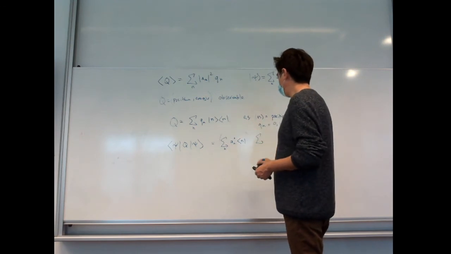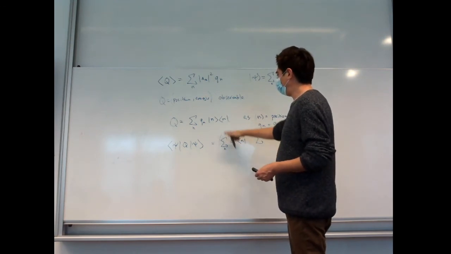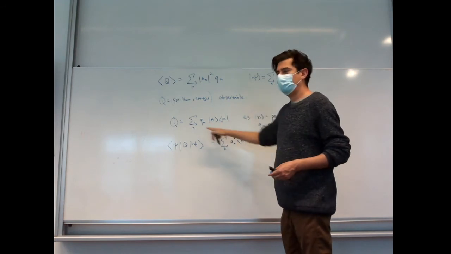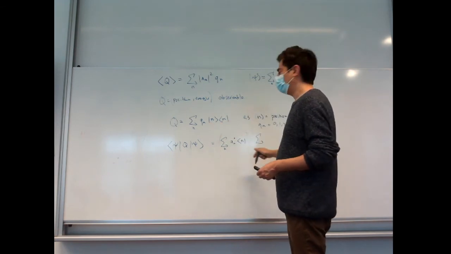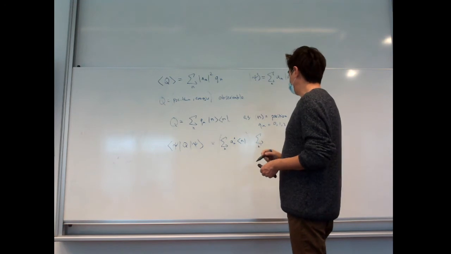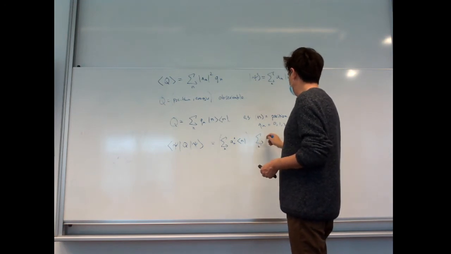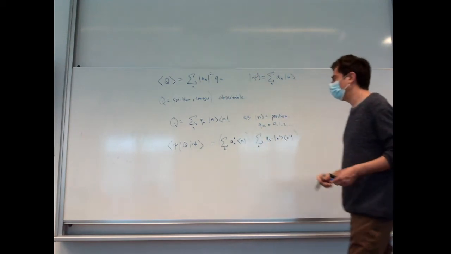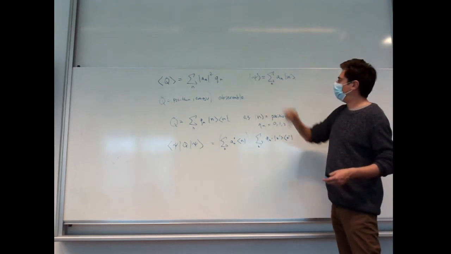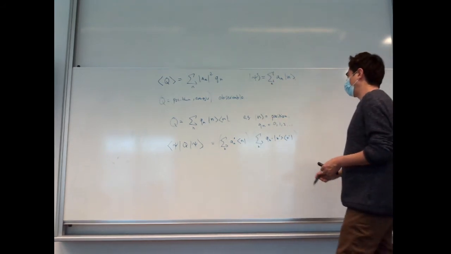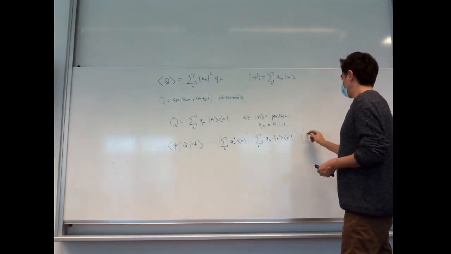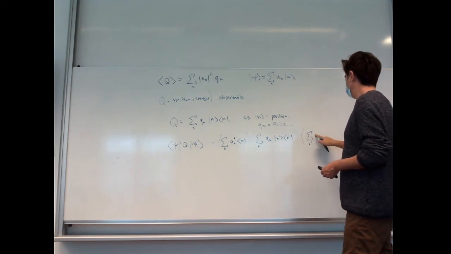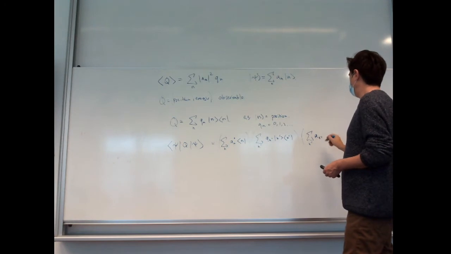Q, this is the definition. Now, I have to be careful because this sum is a different sum to this one, so I should put a different index on this one. So this is our Q. And finally our state psi. Again, I need a different index, a_n.